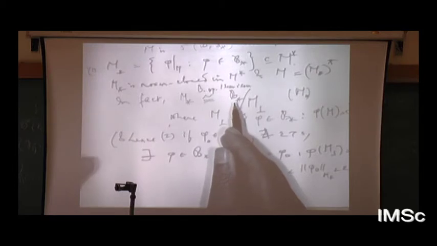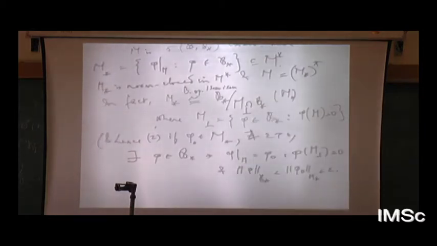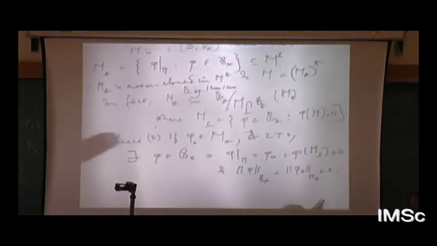It is a norm contraction. Its kernel is exactly M perp, except M perp is not in this. So I should say intersect E lower star. M perp is not up there, but you're just intersecting everything with this.